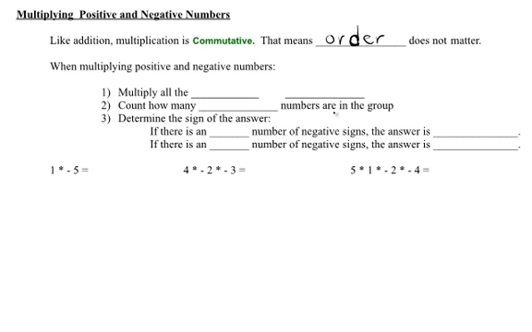So, when you're multiplying positive and negative numbers, what you really have to do is multiply all of the numbers. Then, you count how many negative numbers are in the group.